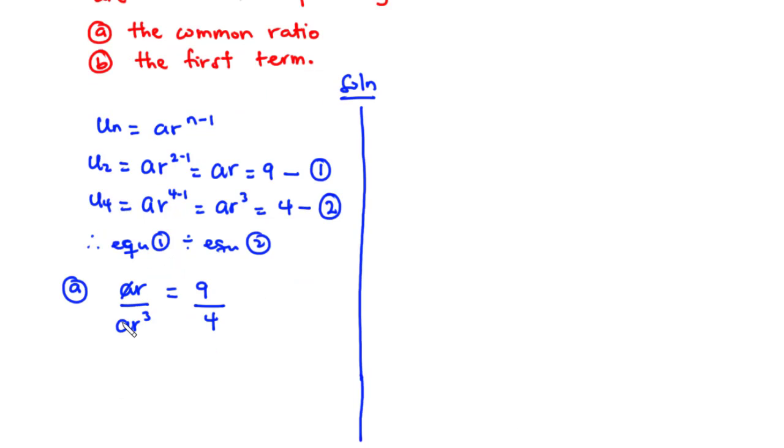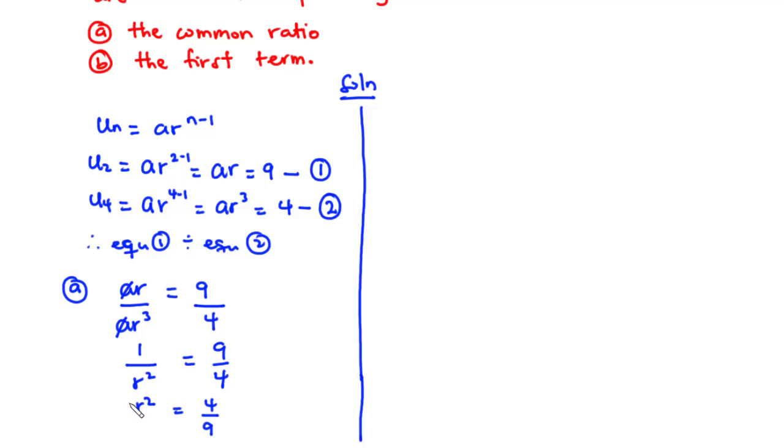So a cancels out a, and this is r exponent 1. So r exponent 1 over r exponent 3 is 1 over r exponent 2. That is equal to 9 over 4. Now we are going to flip 1 over r squared, and we do the same to the right hand side. We flip 9 over 4 to get 4 over 9. So that is r squared equals 4 over 9.